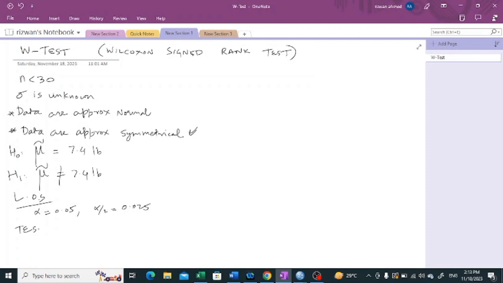Now the test statistic formula for this test is W equal to the sum of positive ranks.